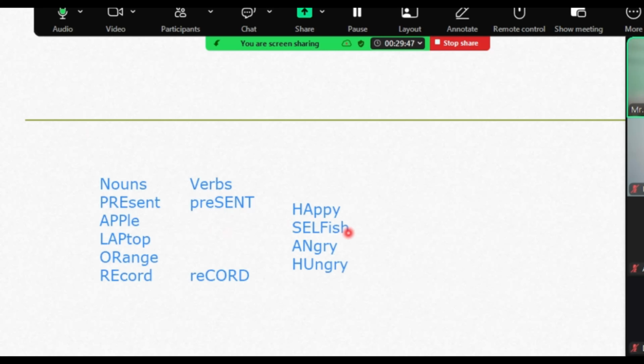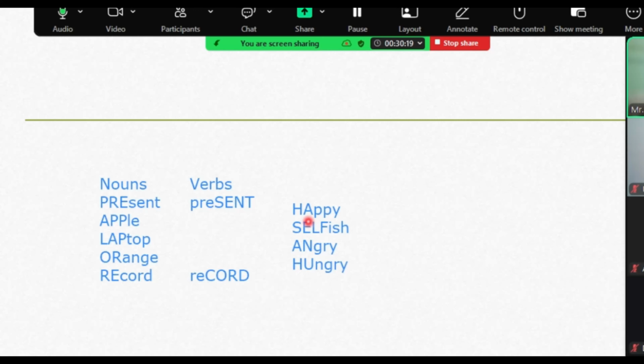I'm happy. I'm very happy. Selfish, angry, hungry. I'm angry with my friend or with my students. They are hungry. Hungry, angry, selfish. So these are adjectives. They have two syllables. We use the first syllable stress.